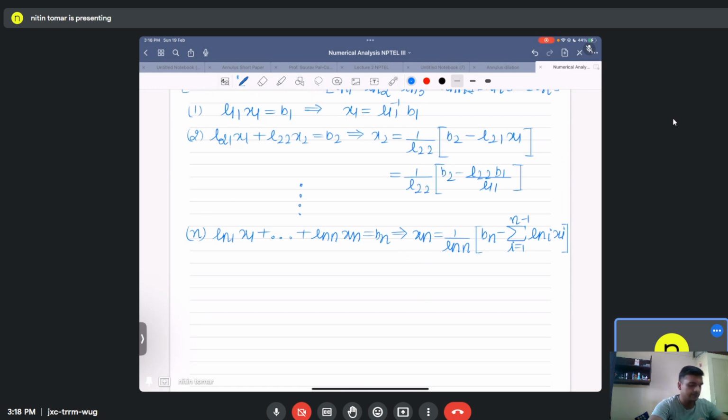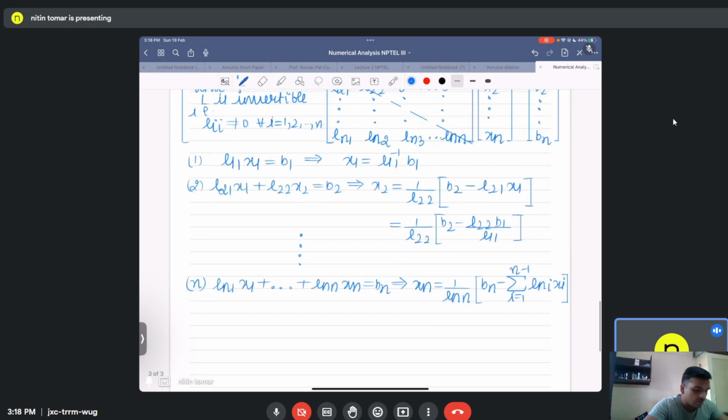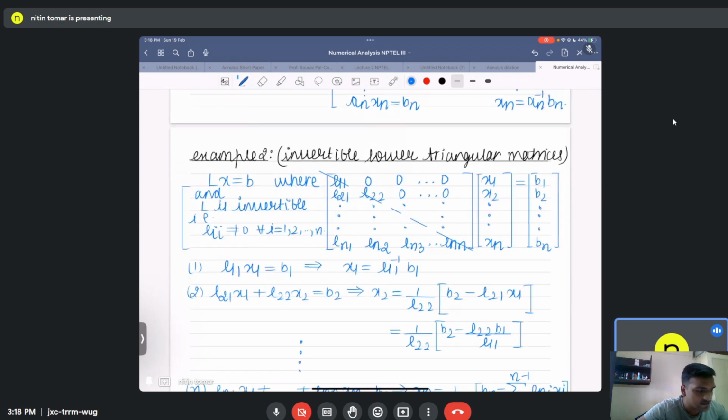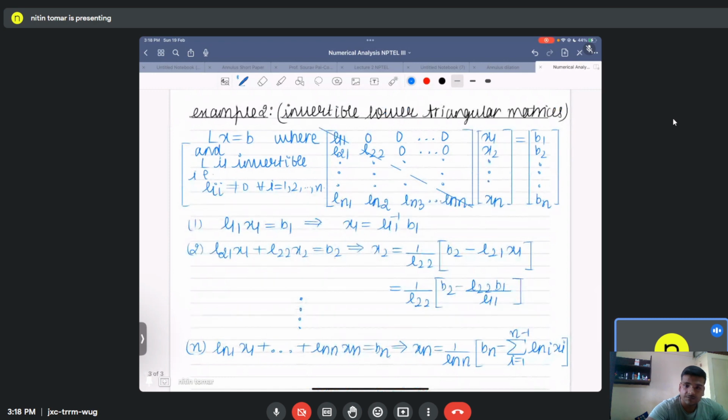So even if you have a lower triangular matrix, the system is easy to solve, and the way we have solved it is called forward substitution.